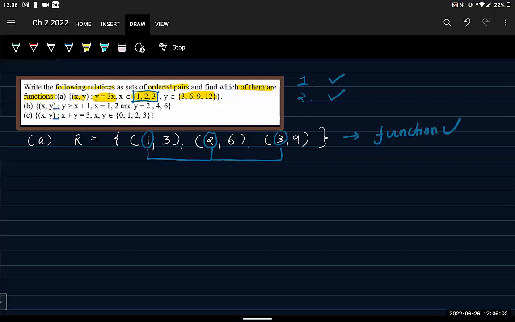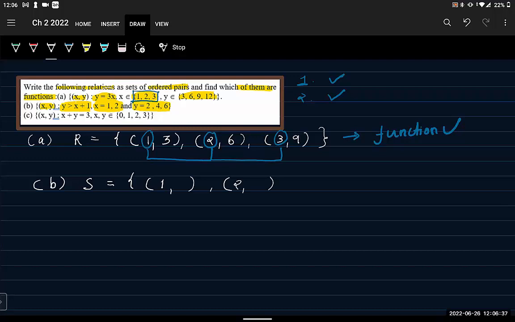Now we'll check the second sub-question. In the second sub-question, it is given the ordered pair x and y is such that y is greater than x plus 1. Now what should we take instead of x? We can take the values of x as 1 and 2, and the value of y should be from 2, 4, and 6. So again we'll form a relation where my first element will be the value of x, which is 1 and 2.